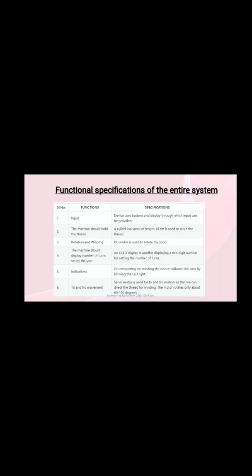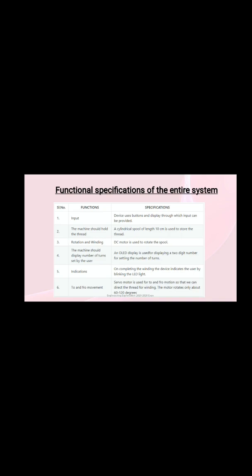Here are some functions and their specifications of our system. Input. Device uses switches and displays through which input can be provided. The machine should hold the thread. A cylindrical spool of length 10 cm is used to store the wool. Rotation and winding. DC motor is used to rotate the spool.